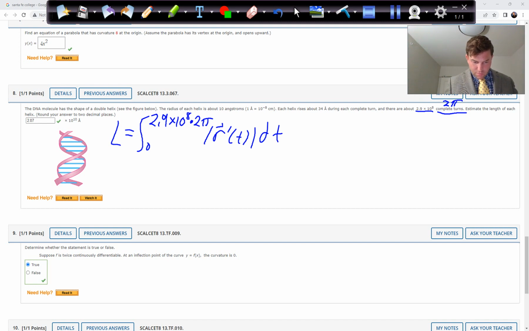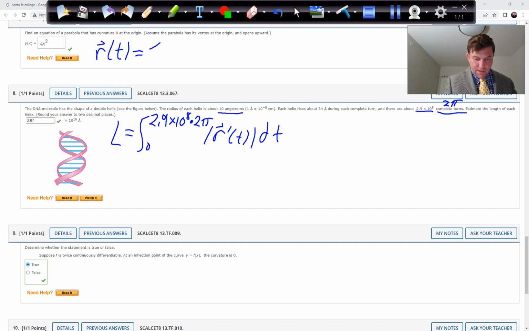But this radius vector, I think it states it in here somewhere. Oh, I guess it doesn't. I have to show it. So, they're 10 angstroms. So the radius of each helix is 10 angstroms.